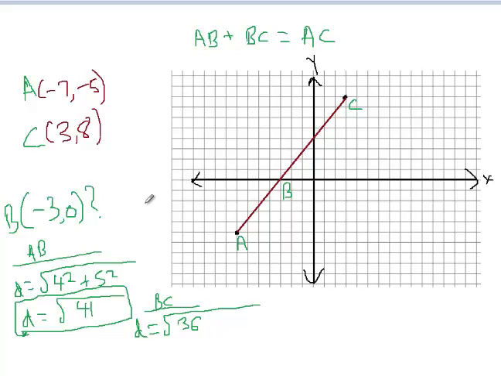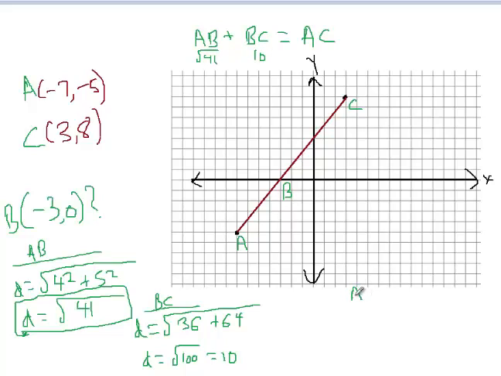The y component is 0 minus negative 8, which is positive 8, so plus 64. So the distance equals the square root of 36 plus 64, which is the square root of 100, which equals 10. So AB we figured out was the square root of 41, and BC we figured out was 10.